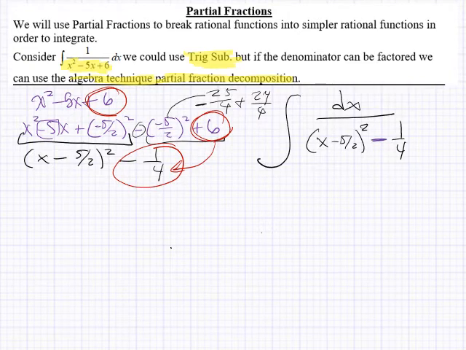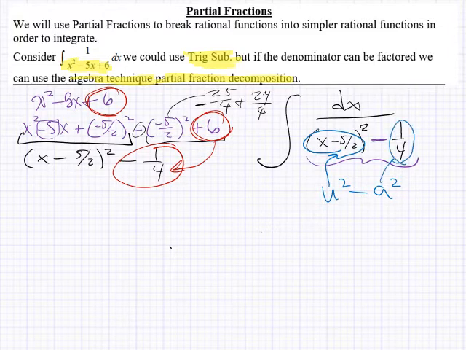And so that brings up the idea of trig substitution, in that if I look at this, I could say this is u squared minus a squared. It doesn't have the square root on it, but remember we talked about how you don't really need the square root. u is this right here, and a squared would be a half.